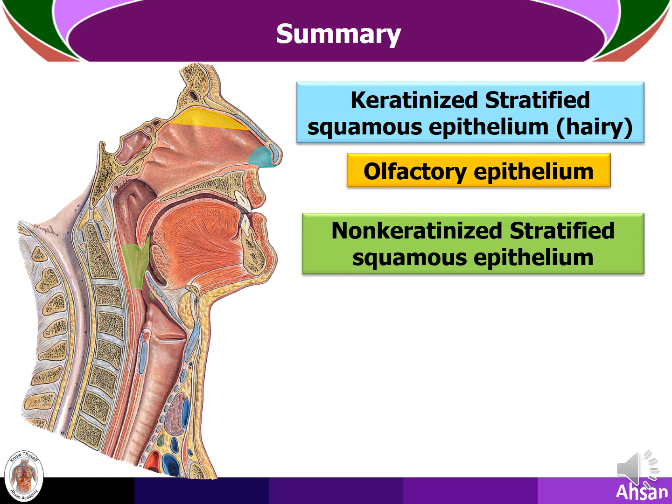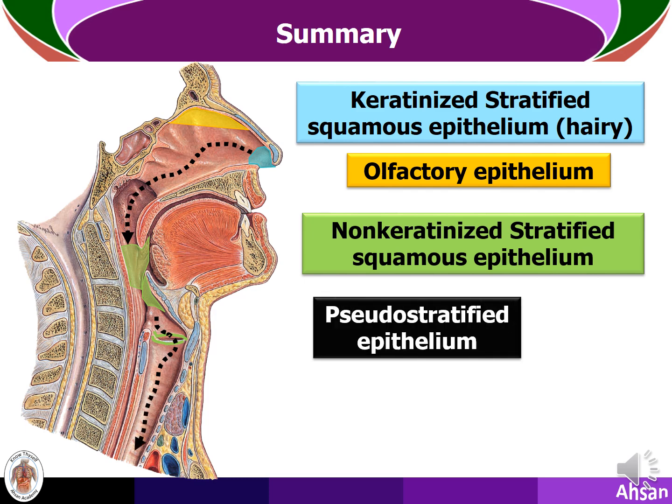This is non-keratinized in nature, and similar epithelium is on the anterior surface of the epiglottis, the dorsum of the epiglottis up to the upper half, and over the folds in the respiratory tract, the larynx. The rest of the respiratory tract, the nasal cavity and the nasopharynx are lined by pseudostratified epithelium.